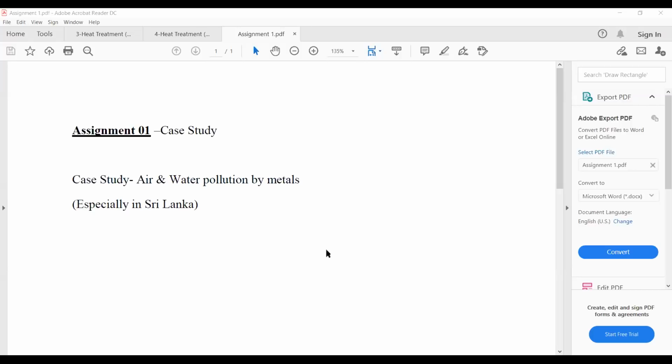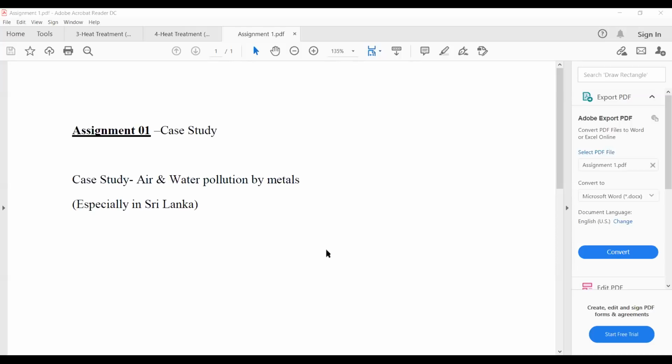It means at least 5 ways or sources you have to write, and consider only air pollution and water pollution. Don't write about other pollutions, and don't write about other things besides metals. Especially in Sri Lanka, don't Google it. Case study means just look into the Sri Lankan system and the Sri Lankan environment, get the idea and write in your own words. That's important.